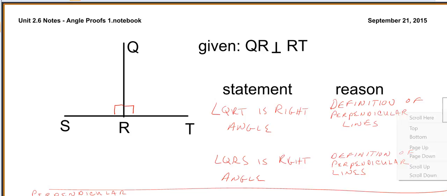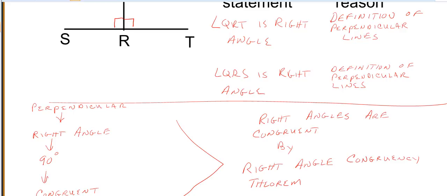Now let's take that a step further. Remember, if I have perpendicular lines, then I can say that they form a right angle. Now I have a separate definition that says that if I have a right angle, then the angle it forms is 90 degrees. That's called the definition of right angles. Then once I know two angles are 90, I can say they're congruent.